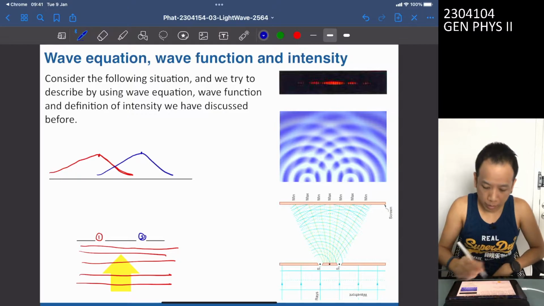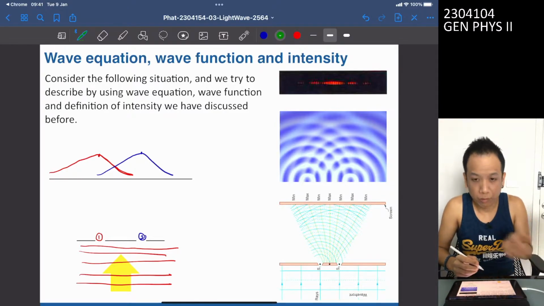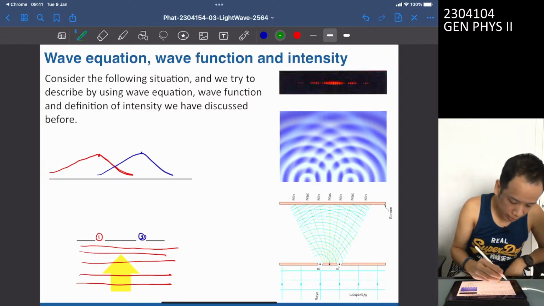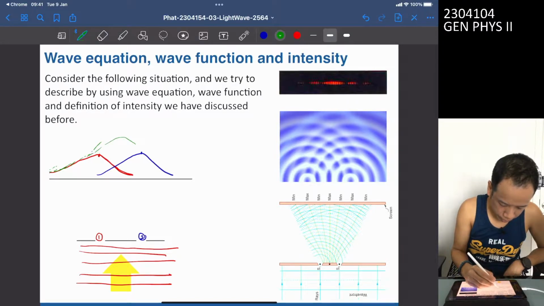So if you open both 1 and 2, this is what you can imagine: you're going to have something that starts to go big, and then it goes like this.